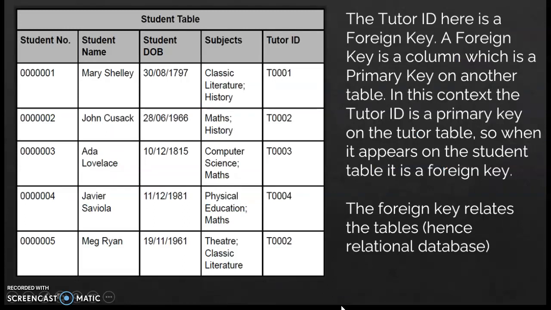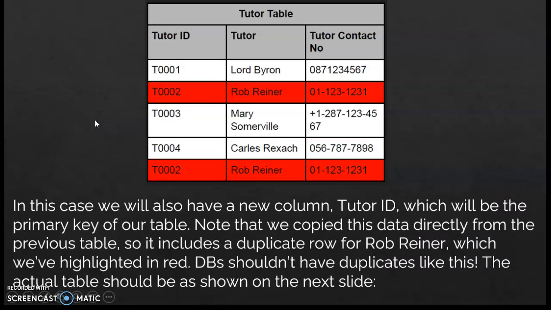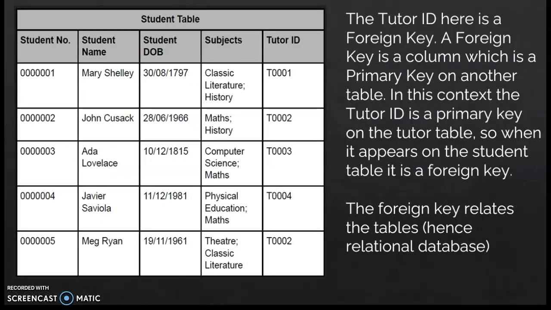So, now, what I do to link it back in, and this is where my foreign keys come into play here. Look what I've done. I've now related my tutor ID back in to the student table. So, remember the student table, it was student number, student name, student date of birth, subjects, and then we had tutor name and tutor contact number.